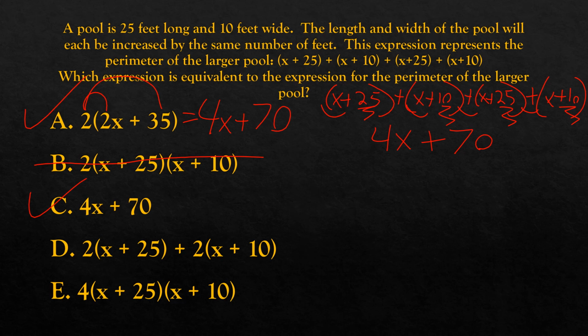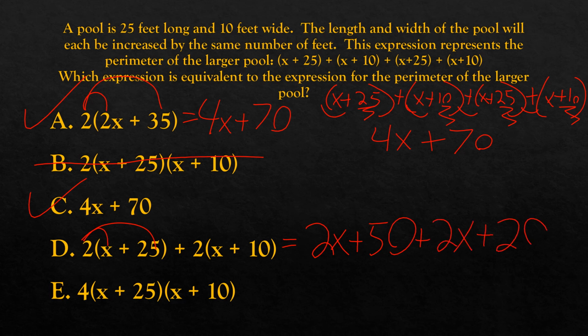So now looking at D, let's see what we have. We've got 2x, using my distributive property here, plus 50 plus 2x plus 20. So I'll combine my like terms.